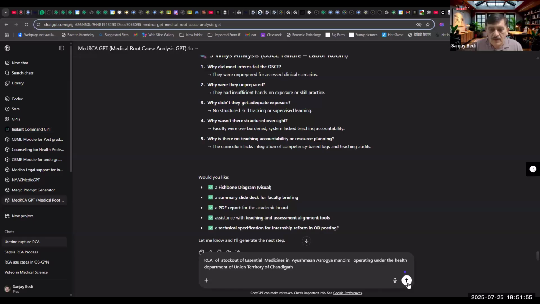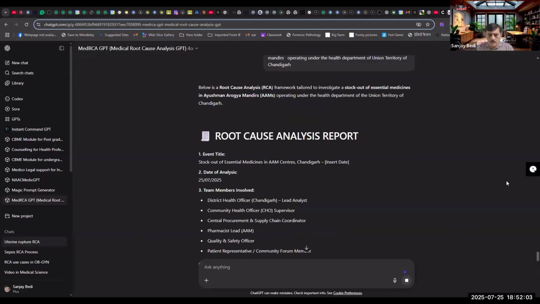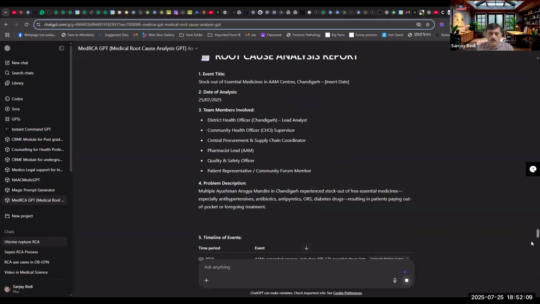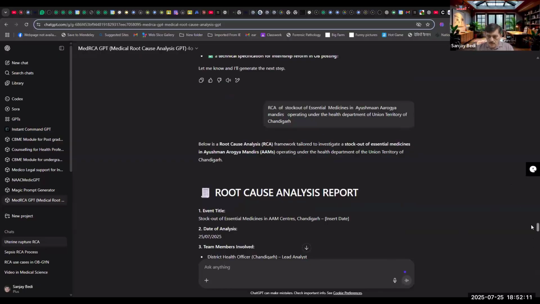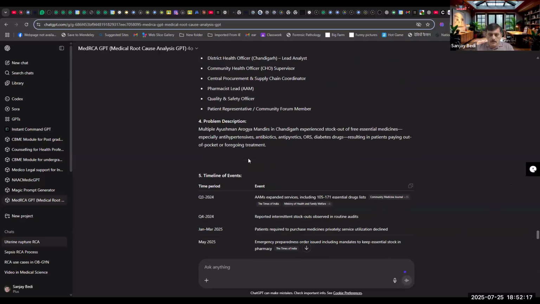Let's see. So the problem description: multiple Ayushman Arogya Mandirs in Chandigarh experience stockout of free essential medicines, especially antihypertensives, antibiotics, diabetes drugs, resulting in patients paying out of pocket or foregoing treatment.